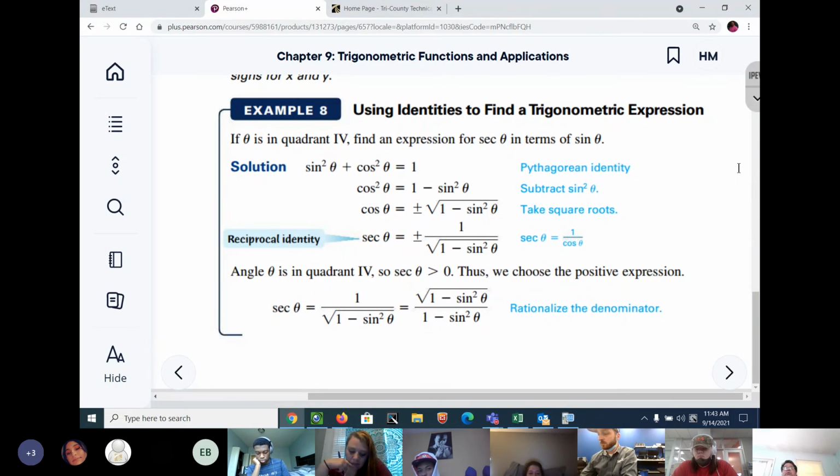Solve for cosine. And you just use your algebra, bring the sine over. That'd be a negative sign. And then take the square root of both sides. And the cosine is equal to that. And then you could say secant is equal to 1 over that because of the reciprocal identity.